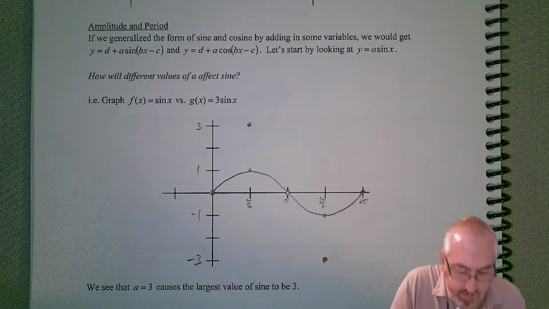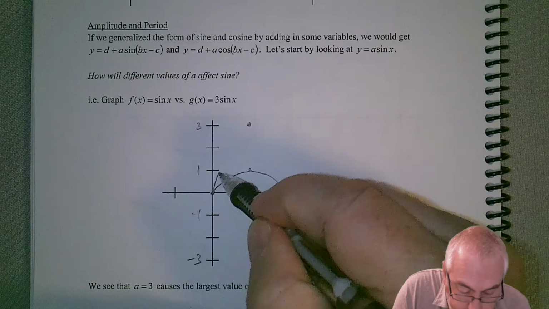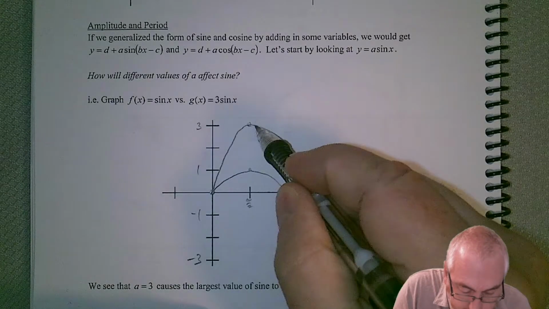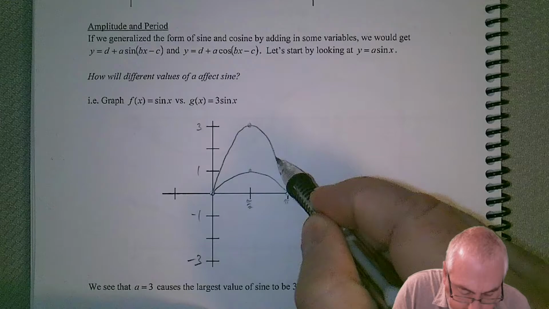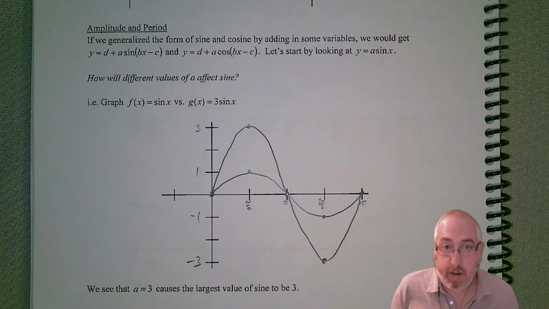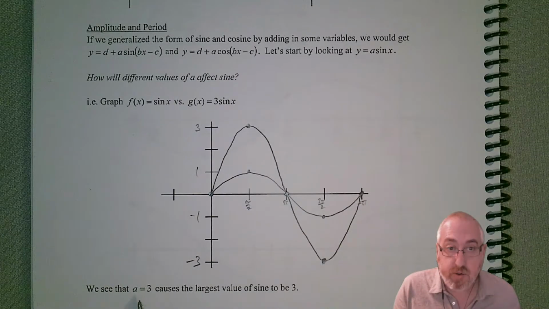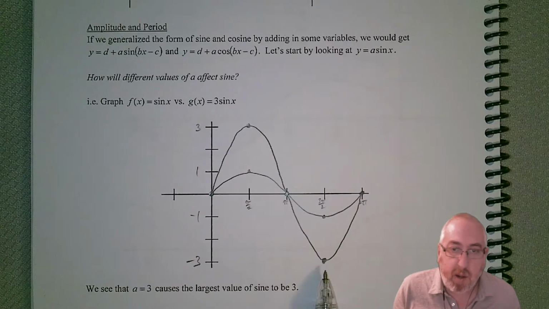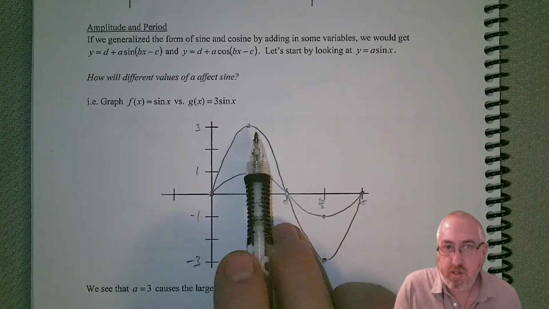Now, is it always going to do that? Well, let's take a look at another example in a second after I draw this in. All right, so yes, a equals 3 does cause the largest value of sine to be 3 and the smallest one to be -3, but we don't really care about that one. We just care about the largest one.